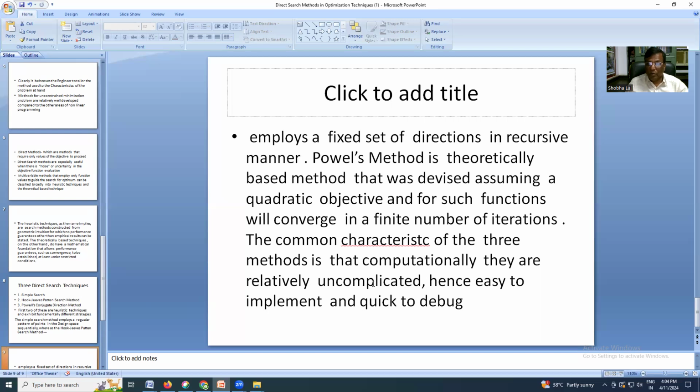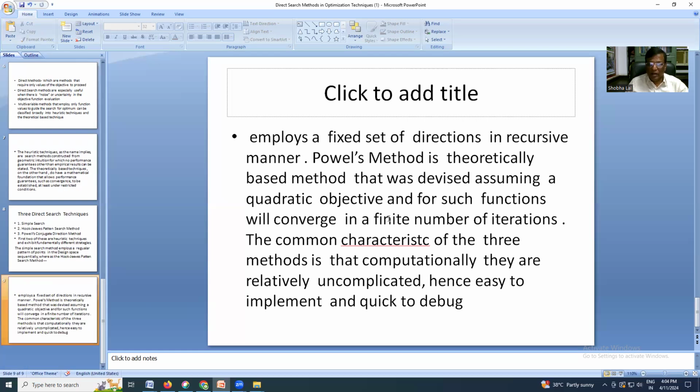I am repeating again, Powell's method is a theoretically based method that was devised assuming a quadratic objective function, and for such functions it will converge in a finite number of iterations, meaning repetitions. The common characteristic of the three methods is that computationally they are relatively uncomplicated, hence easy to implement and quick to debug.